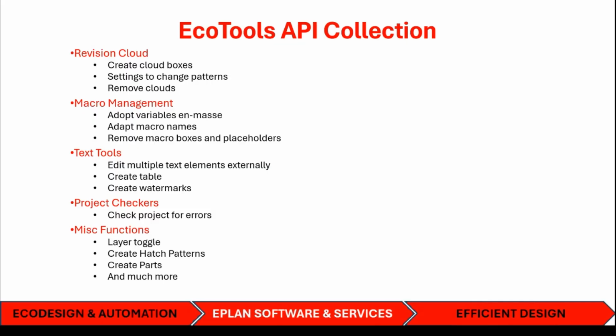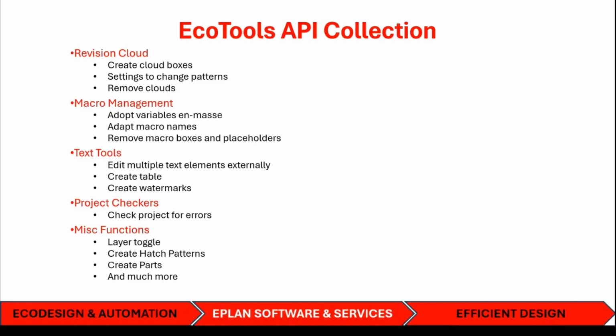So these are some of the programs inside EcoTools. As I've said before, it's a toolbox of different apps. The first app is the Revision Cloud. It allows us to cloud certain sections of your schematics to say that it's a different revision.